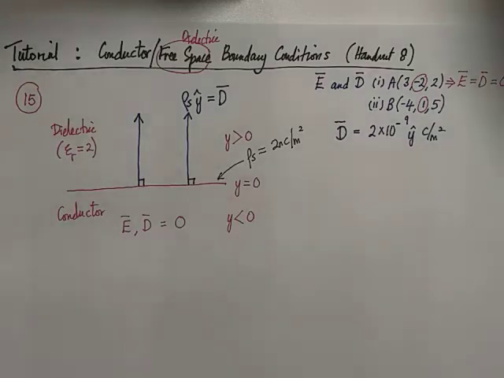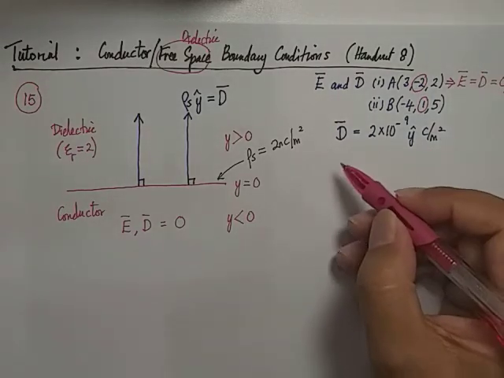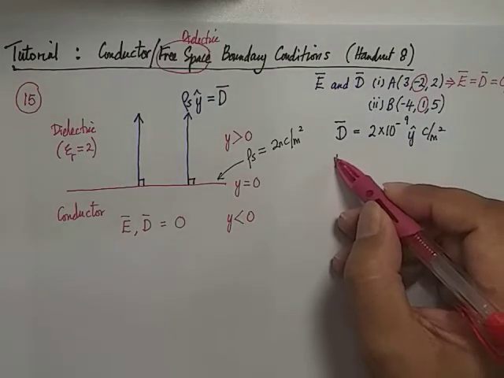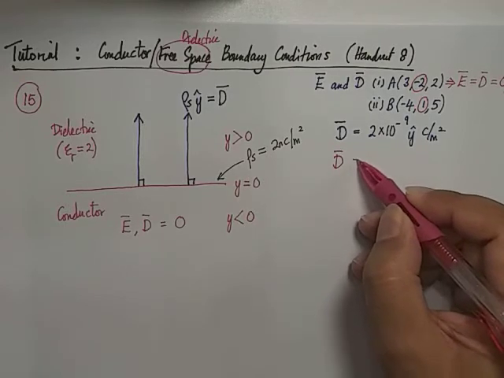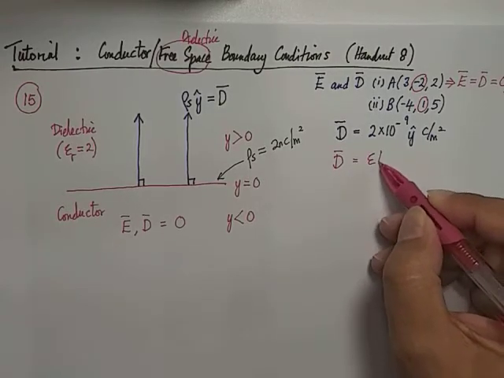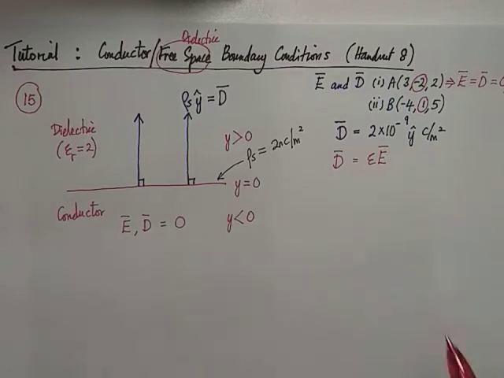How about the E? For the E, we know that D is equal to epsilon E. Remember the equation that we derived in the previous lecture?